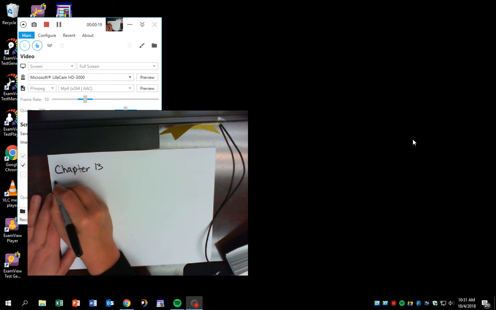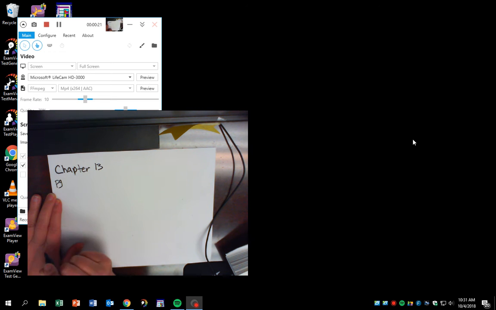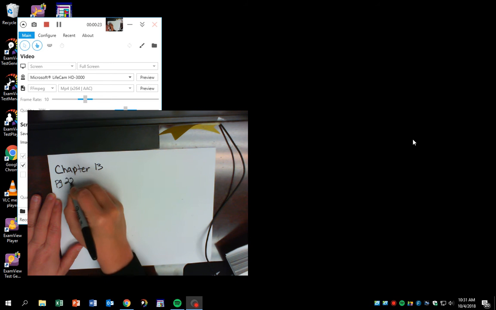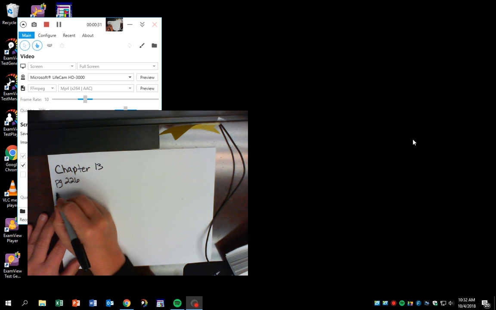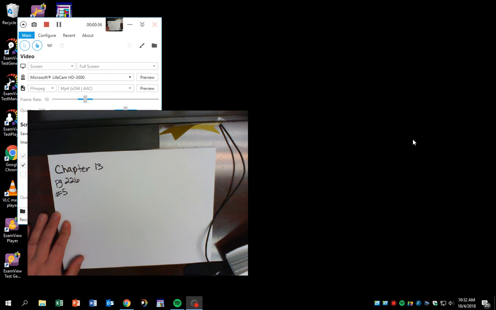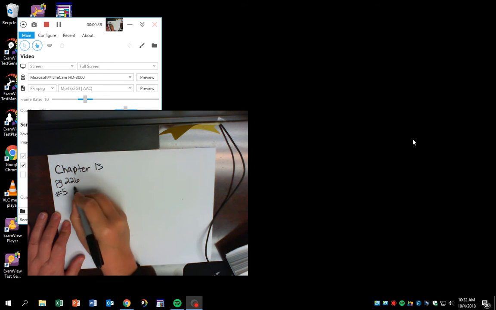And for this one, we're going to do, on page 226, a sample question. Let's do number 5. I apparently like number 5 today. All right, so the instructions tell us to calculate milliliters per hour for these infusions.